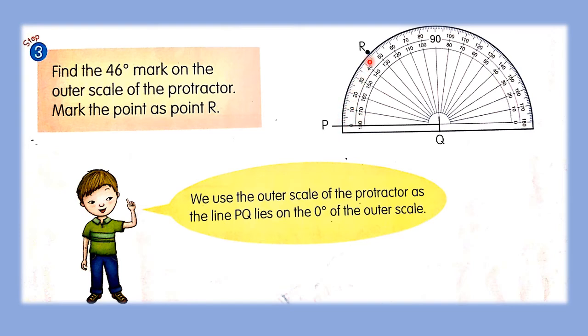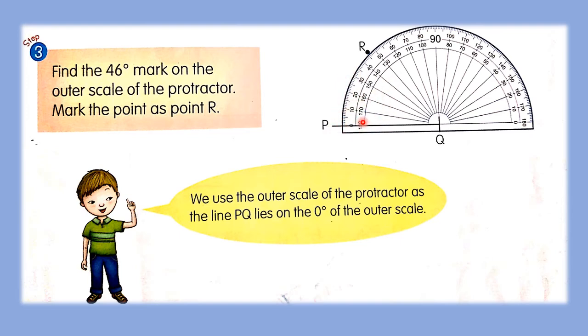Now I have kept that R point after measuring 46. Here 10, here 20, here 30, here 40, and here I have counted small parts, 6 small parts I have counted, right? Then 46. We use the outer scale of the protractor as the line PQ lies on the 0 degrees of the outer scale. I told you that one, children, right? Normally we start measuring from 0.